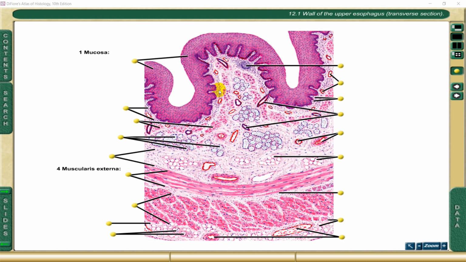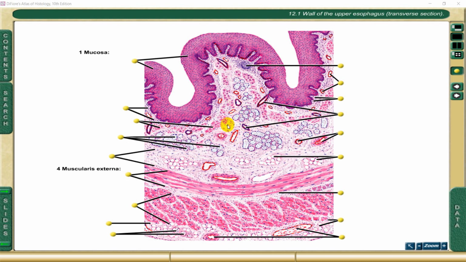The lamina propria in the esophagus is loose connective tissue. In the sub-region of the esophagus there are lymphatic nodules with lymphocytes. The muscularis mucosa is one layer of smooth muscle fiber separating the mucosa from the submucosa.